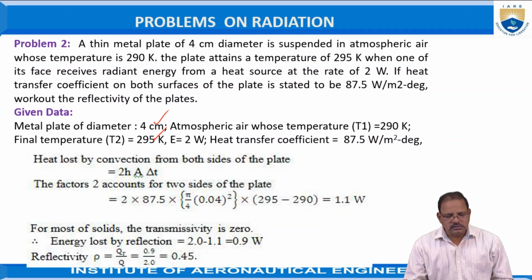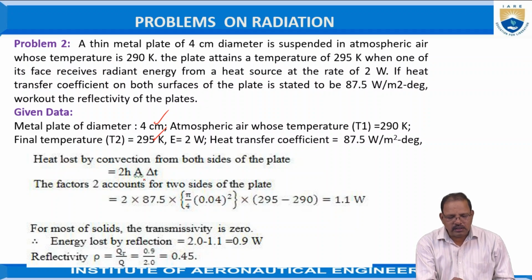The heat loss by convection from both sides of the plate is given as 2 into H into A into delta T. Here 2 represents the number of sides, H represents the heat transfer coefficient for the convection process, A is the area, and delta T is the difference of temperatures, that is T2 minus T1.